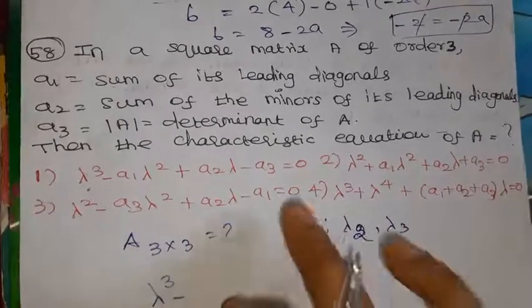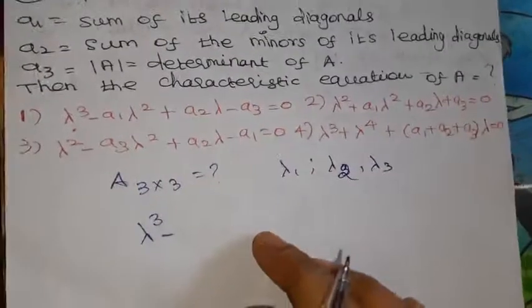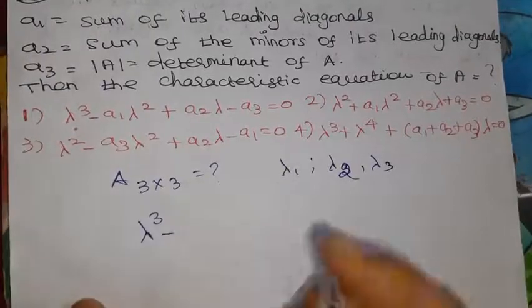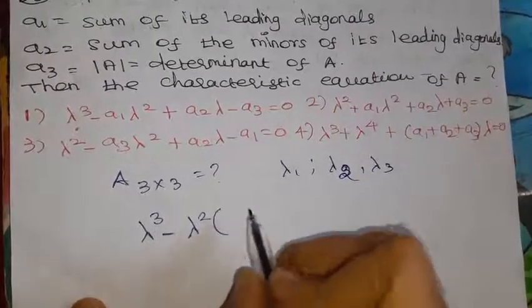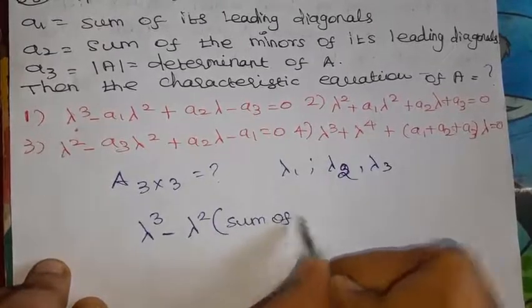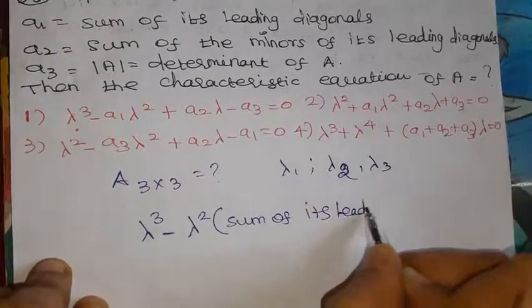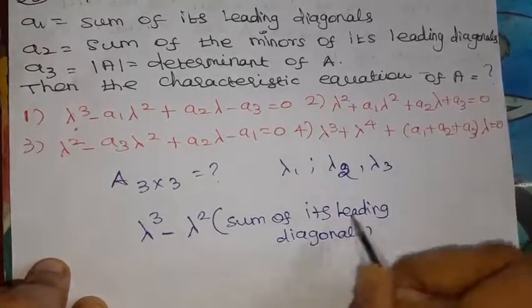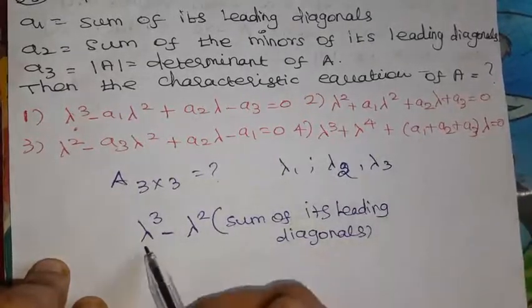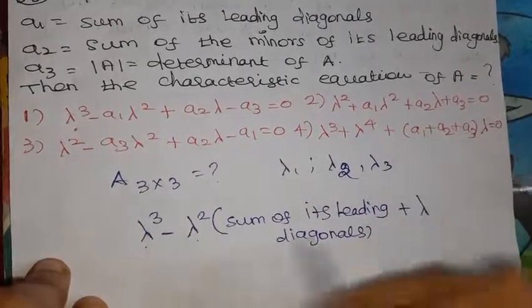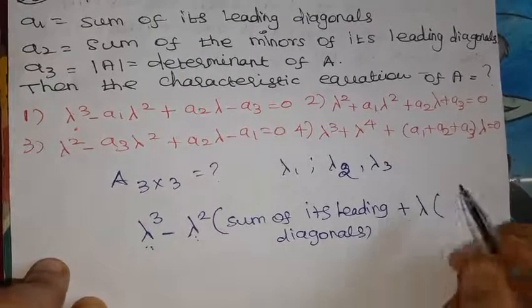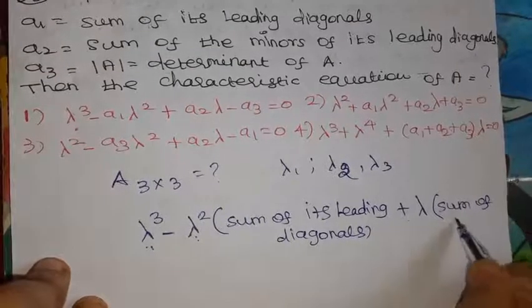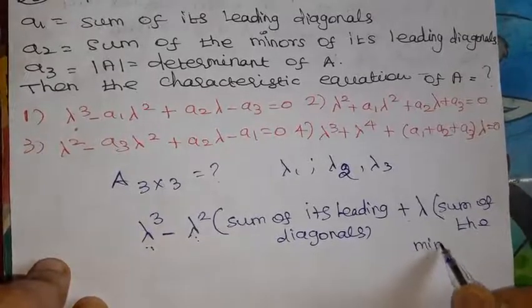It should have lambda cube minus lambda squared into the sum of its leading diagonals, then plus lambda into the sum of the minors of its leading diagonal elements.